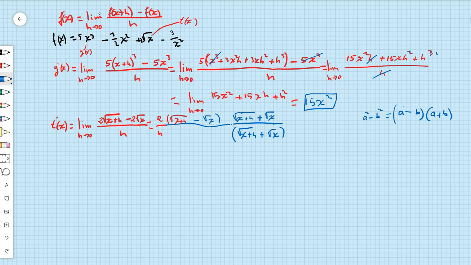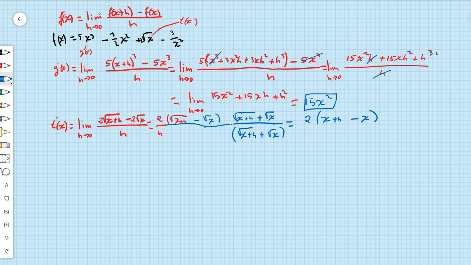So these terms will be squared, and if you square a square root, the result cancels out the square root. So that means the numerator will be 2 times what? X plus h, because that square root goes out, minus x, basically, right?